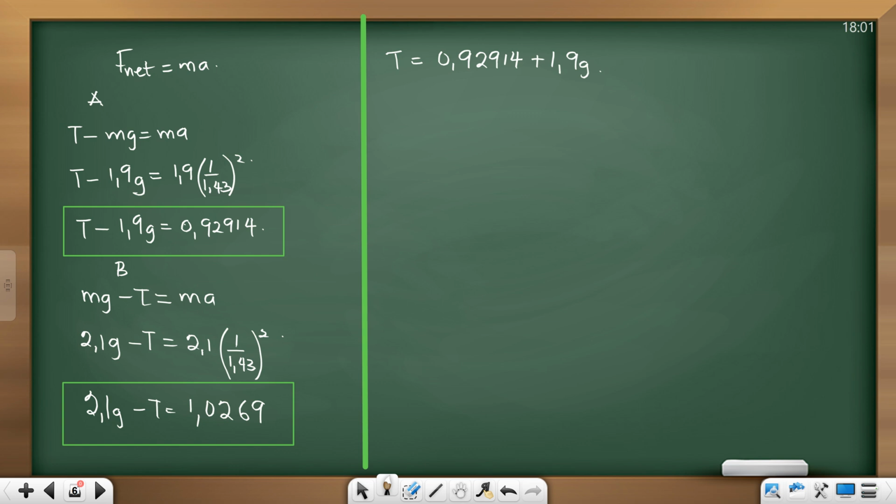And from equation 2, if I bring the T to the right, I'll be having 2,1 G minus, I hope I haven't lost you. So many methods, 0,269. So I looked for T on both. Either you do that or you just eliminate. But since both of them are equal to T, I think we are almost at the last step. This is just now simple math. You see, I'm using 4 decimals because I don't want to round up.